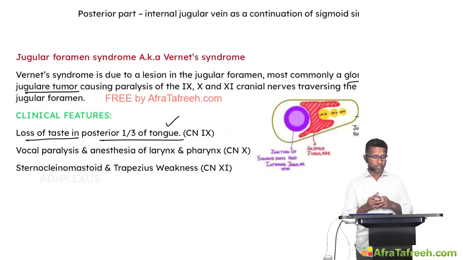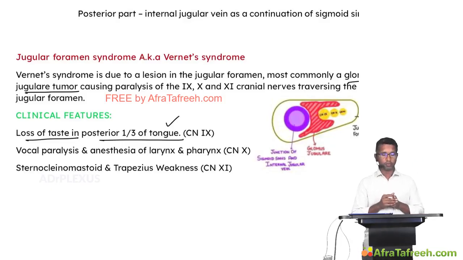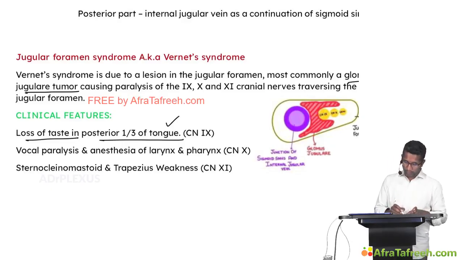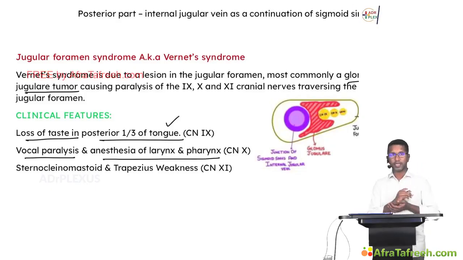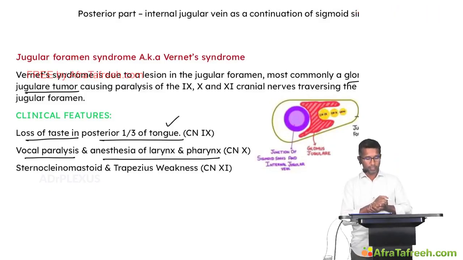So in Vernet syndrome, where there is a glomus jugulare tumor compressing over the jugular foramen, you have loss of taste sensation. The patient will also have vocal cord paralysis and anesthesia of the larynx and pharynx, because those areas are supplied by the 10th cranial nerve.